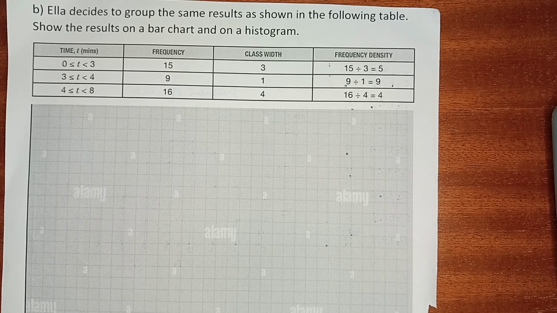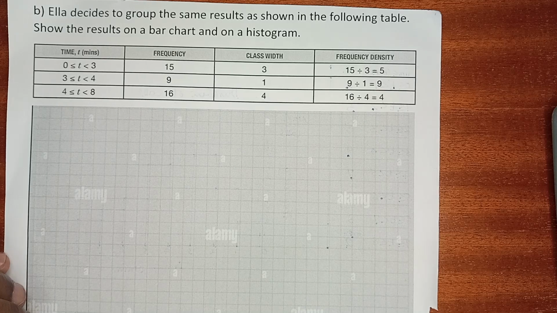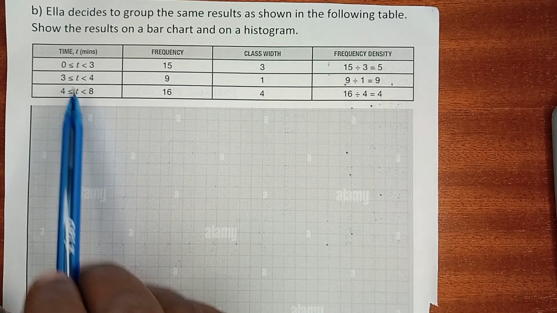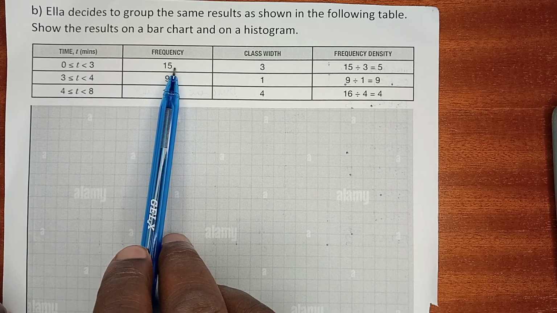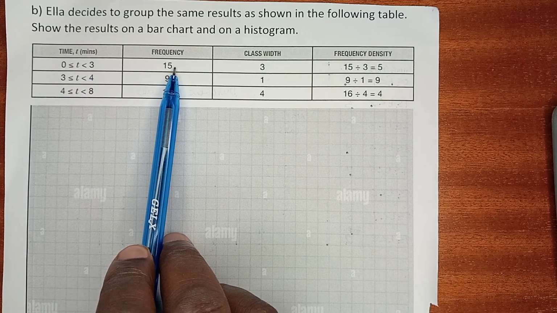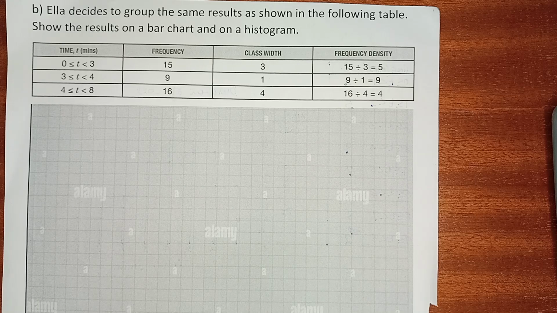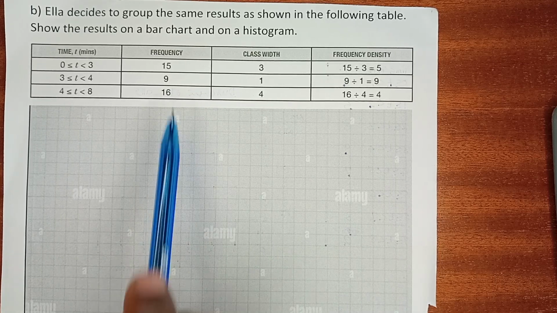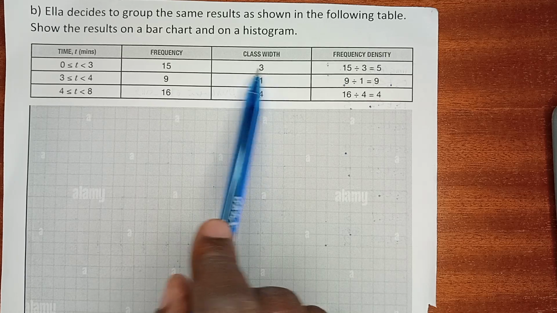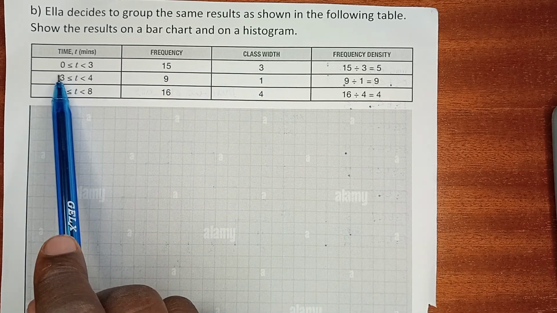The table is now grouping the data. Those calls which took 0 minutes all the way to 3 minutes, there were 15 calls. You can see this one is already extracted from the previous table, 15 calls. So the class width is from 0 to 3.